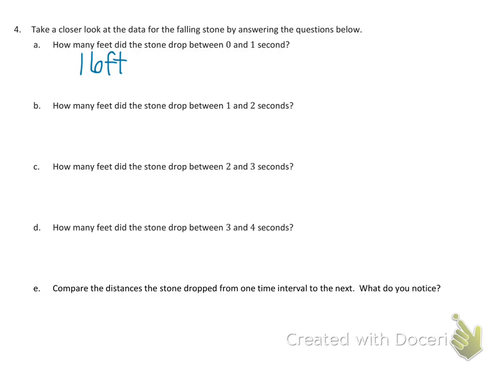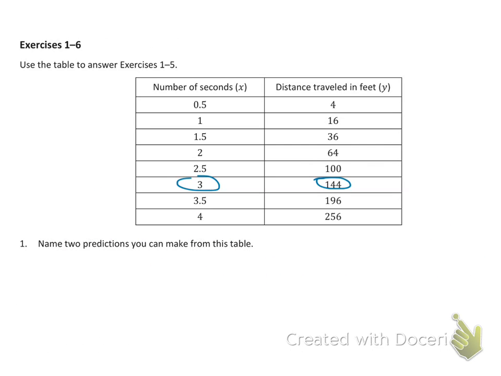Okay, and how many feet did the stone drop between 1 and 2 seconds? Be careful on this one because it doesn't say between 0 and 2. It says between 1 and 2. So we want to look back at our table that we're supposed to be using for exercises 1 through 5. At 1 second, it was at 16.